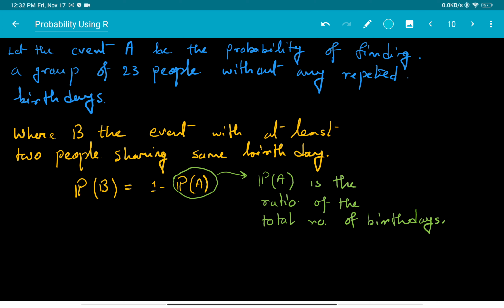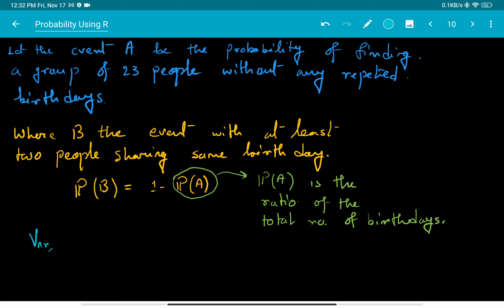If we take permutations, the notation is something like capital P, n, r. Maybe I could be wrong. Let us take it as P n r, or you take V n r.